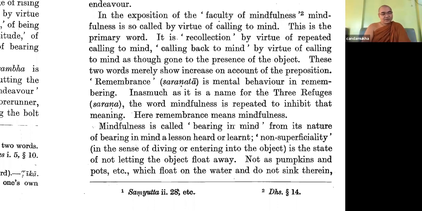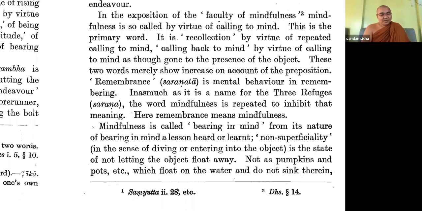Then you need to be more specific. I think you understand that, but try to be more specific. In the word anusati, by seeing anusaraṇa, you can understand that anu is one word and sati is one word.